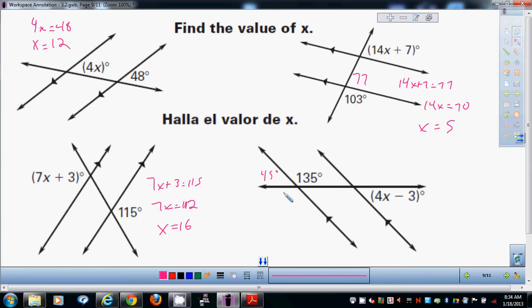So here's where we are. We set 45 equal to 4x minus 3. Add the 3, divide by 4, what do you get? There you go.